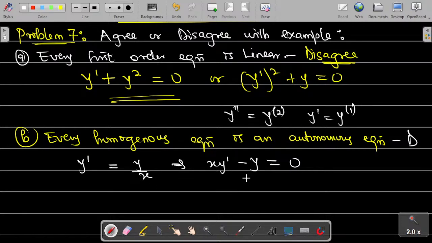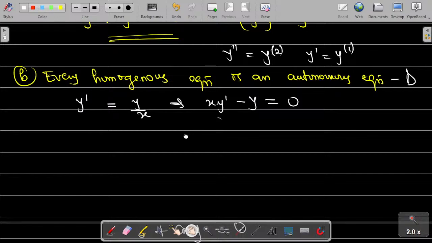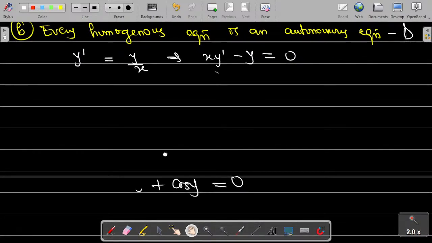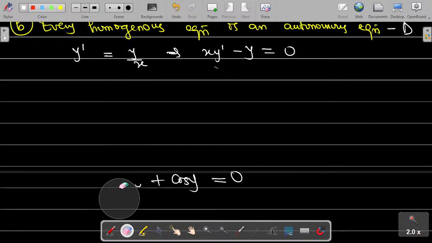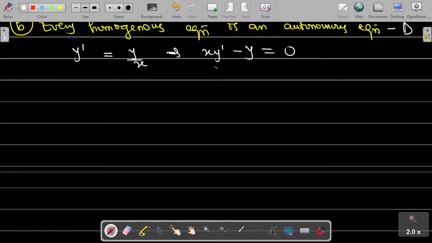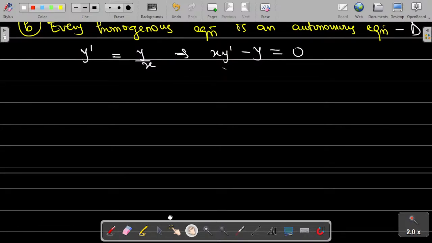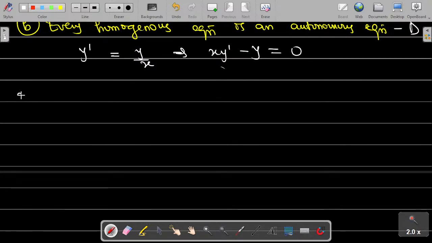Here you can clearly see that there is a variable x, which denies autonomy for this. However, it is yet a homogeneous equation. That means not all homogeneous equations are autonomous. Okay, so let's look at the next one, the third statement.